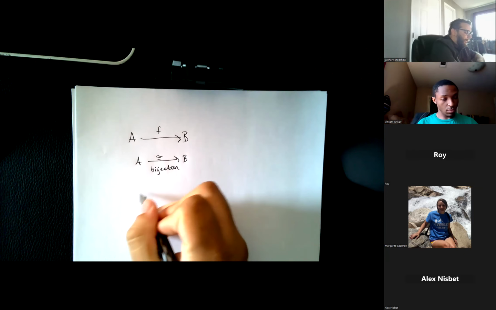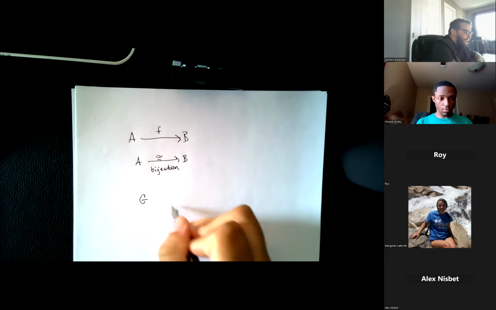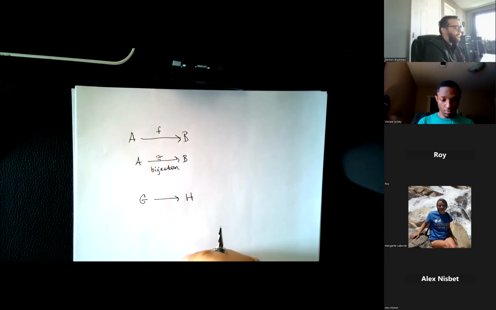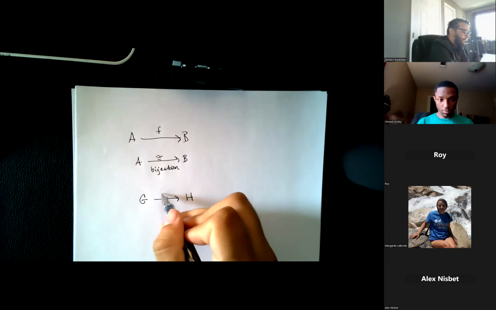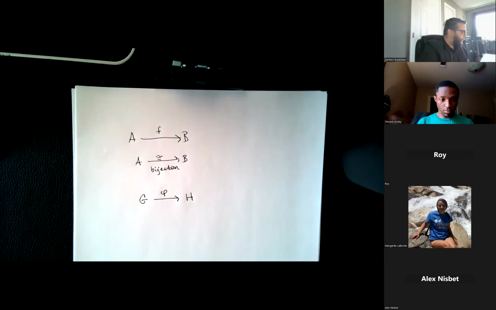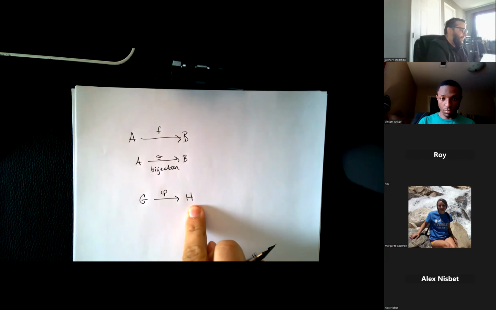So we can get from a group G to another set H with a map. Let's call it phi. How do we make sure that the set on the other end is also a group?